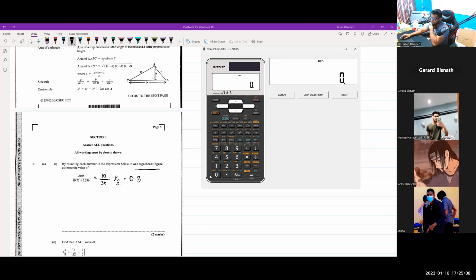So 10 over 25, and I get 0.4. Yeah, I did that too, sir. Depending on how you do the question, if you show that working, I don't see why they shouldn't give it correct, because you did round off each expression to one significant figure.